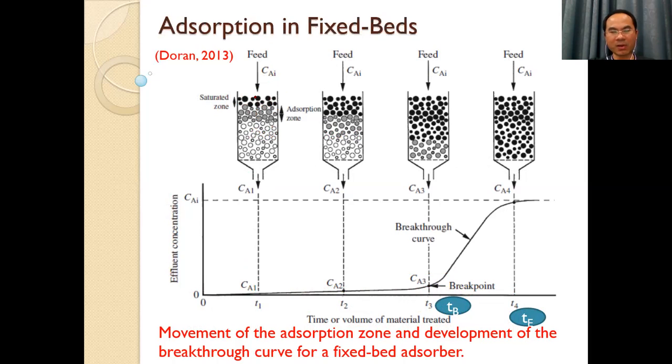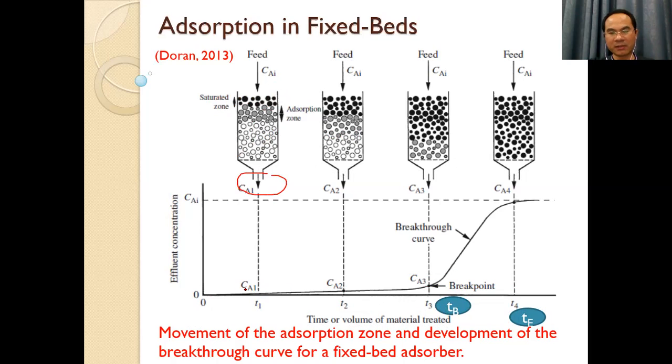Then the fluid flows out with concentration CA1. CA1 mostly approaches zero. Why does it approach zero? Because most of the solute is adsorbed on the surface of the adsorbent, so only a very small amount of solute flows out.